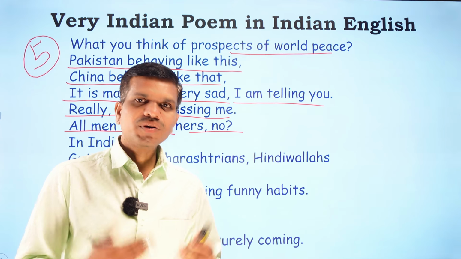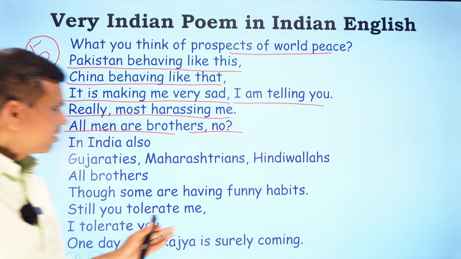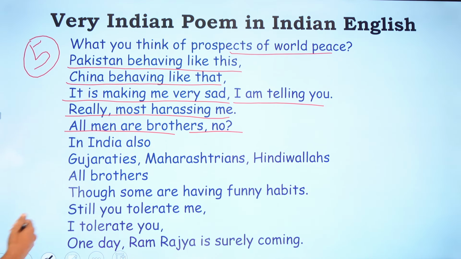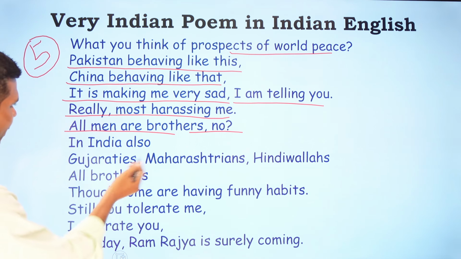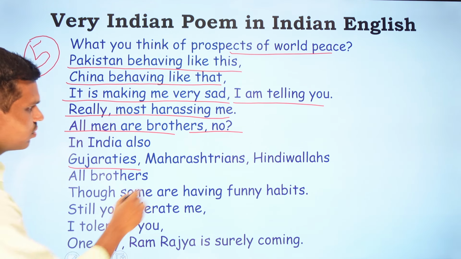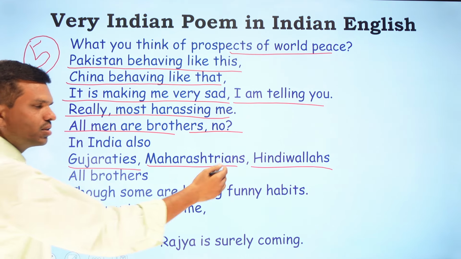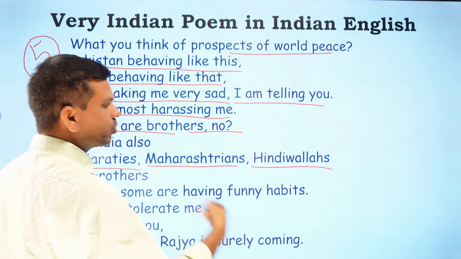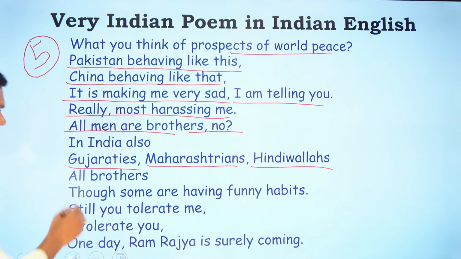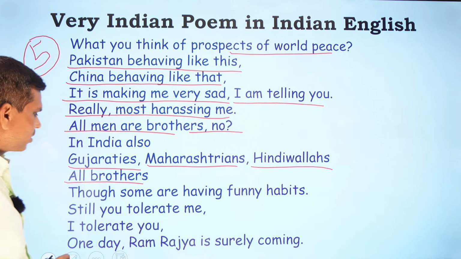Then again we have different types of varieties, but we all are united. How? He is saying in India also we have Gujaratis, we have Maharashtrians, we have Hindi walas. Hindi walas means the people who speak Hindi or who use Hindi as a means of communication.